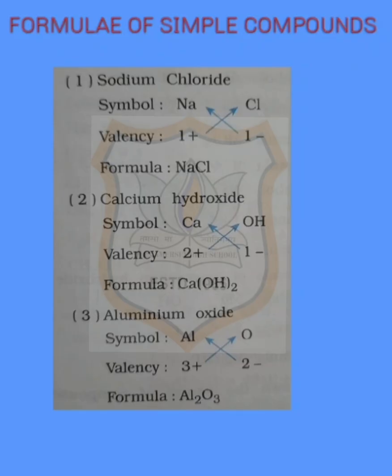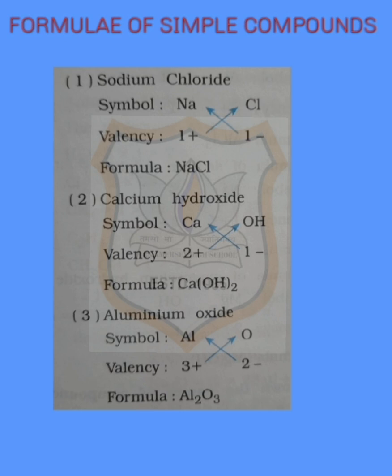Now writing the formulae of some simple compounds. The simplest compounds, which are made of two different elements, are known as binary compounds. We can use the valencies of some special ions for writing these, which we have discussed above. We write the constituent elements first and their valencies as shown in this diagram.